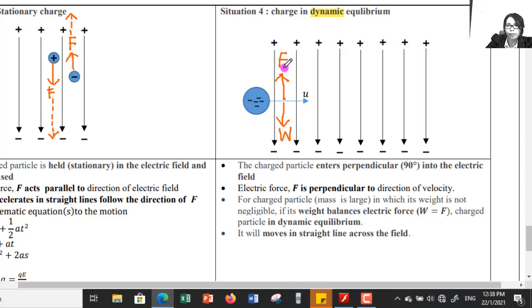So, if F minus W is zero, then charge ni dalam dynamic equilibrium.